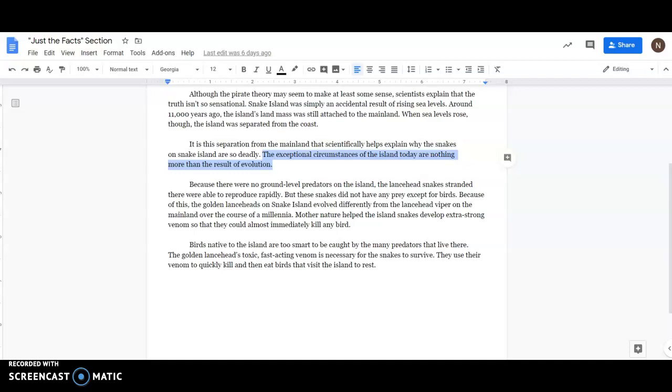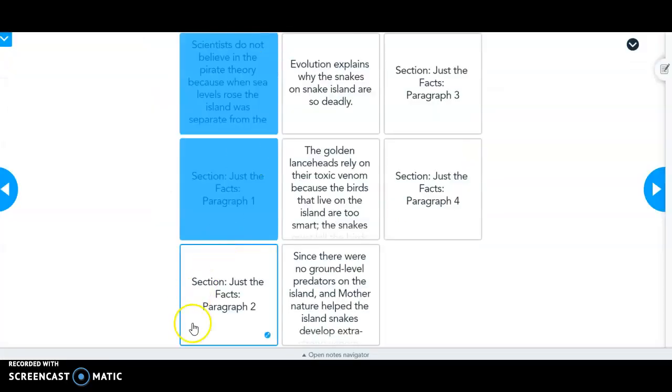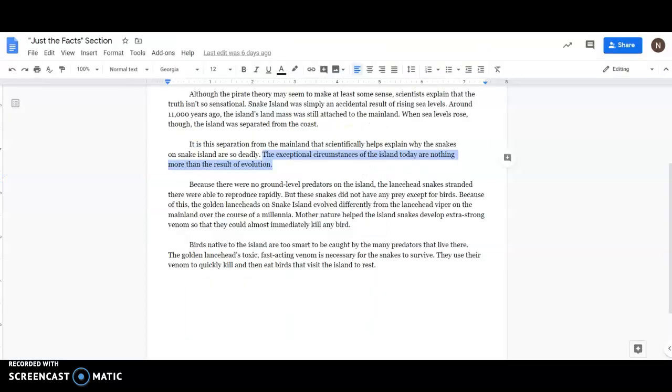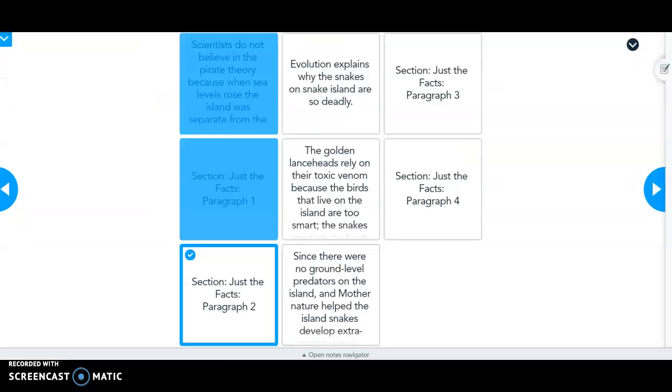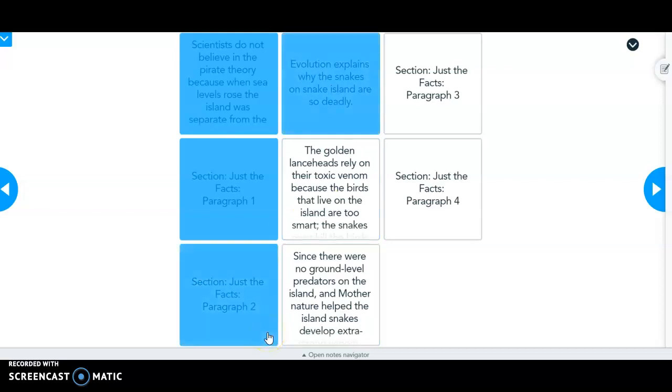That is the main idea of this specific paragraph. So if we find paragraph 2, right here, this statement, evolution explains why the snakes on Snake Island are so deadly. Just like I said, right here I have this sentence highlighted. That would be my textual evidence to help support my ideas. Okay, so I'm going to click paragraph 2. And this box up here, yay, we got it right again.